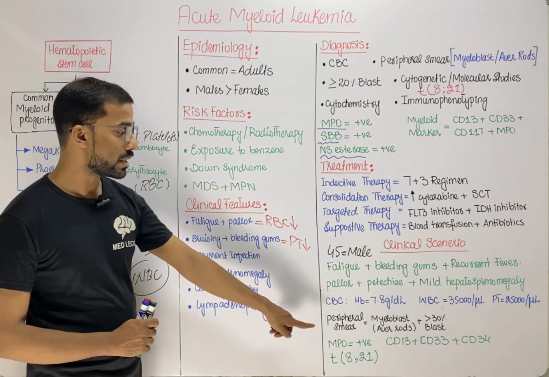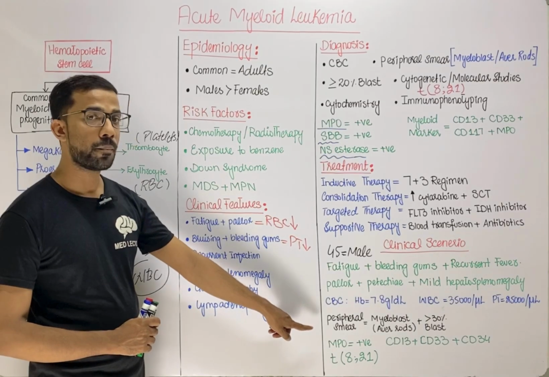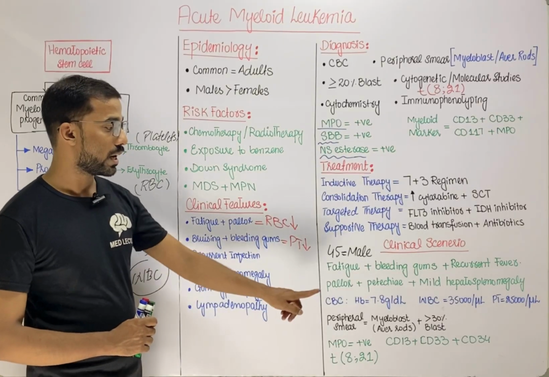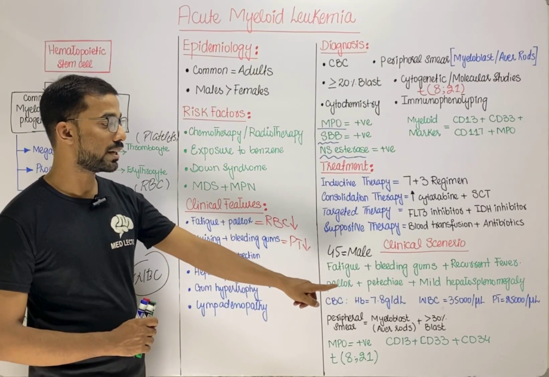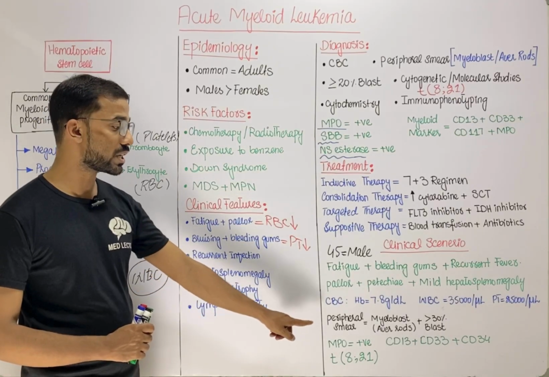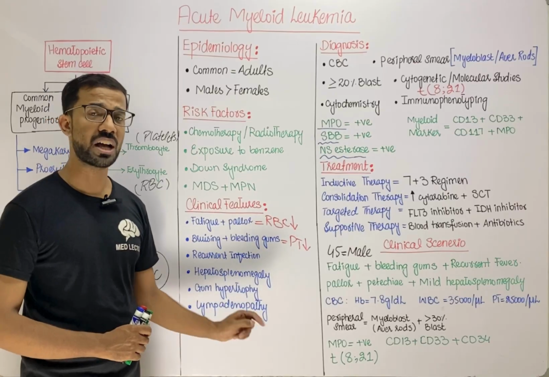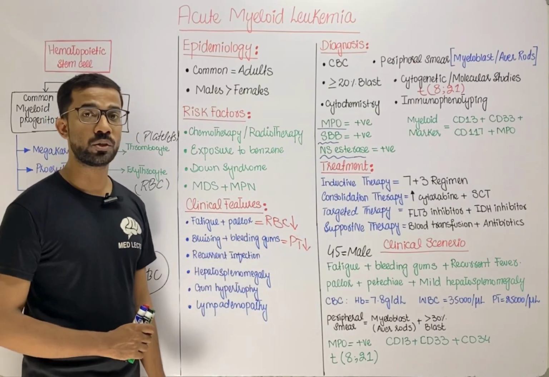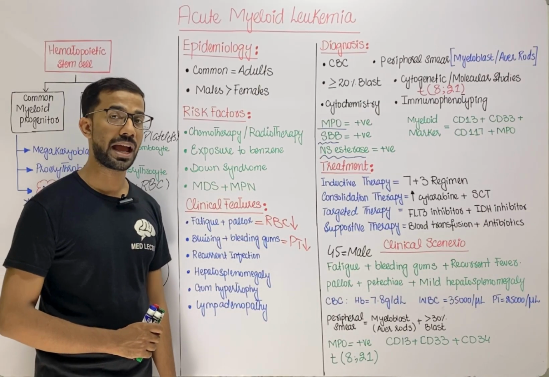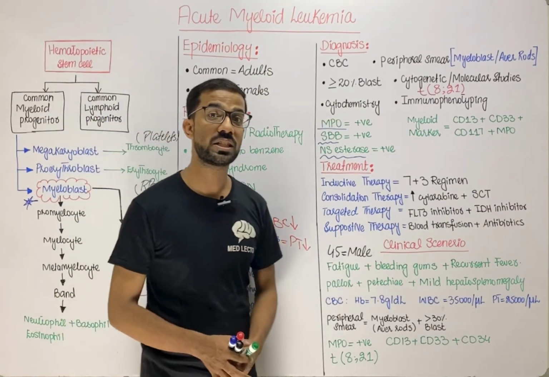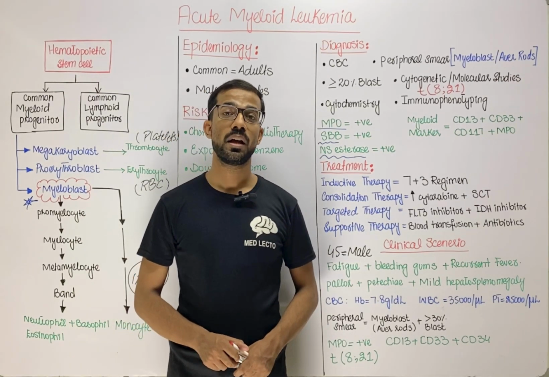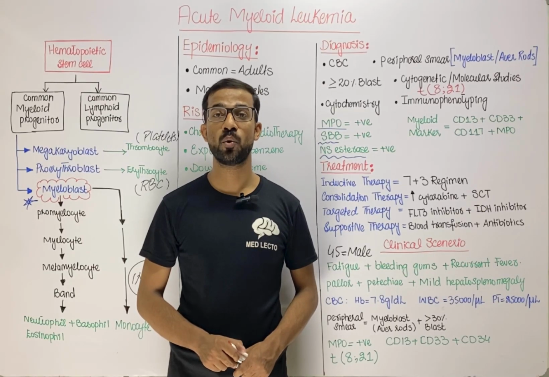In cytochemistry, you will see MPO, peroxidase positive, and in cytogenetics and immunophenotyping, CD13, CD33, CD34 positive, along with the t(8;21) translocation. So this whole scenario confirms that the patient is presenting with AML, acute myeloid leukemia, because the symptoms, reports, and all things confirm that the patient is suffering from acute myeloid leukemia.